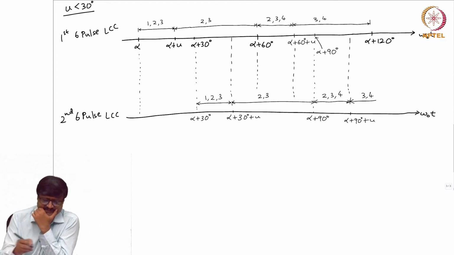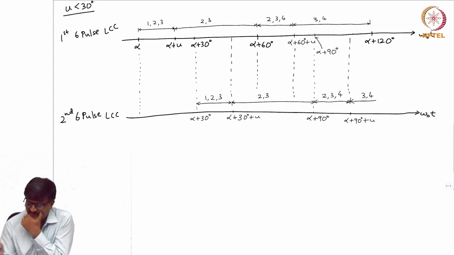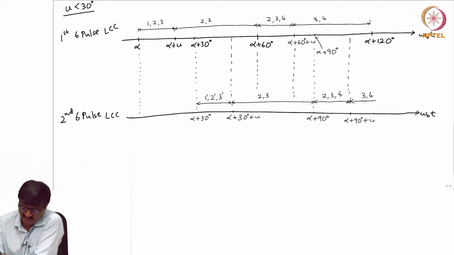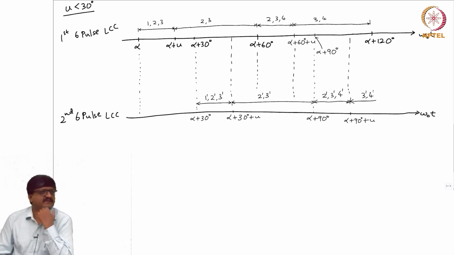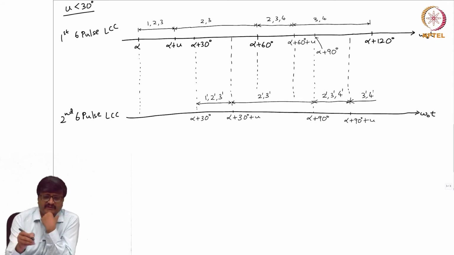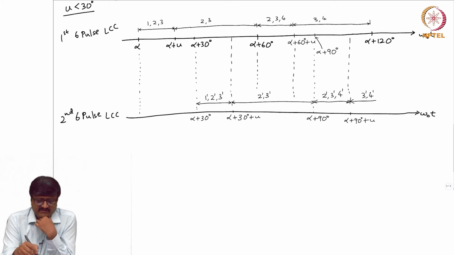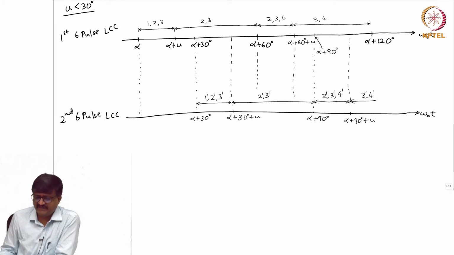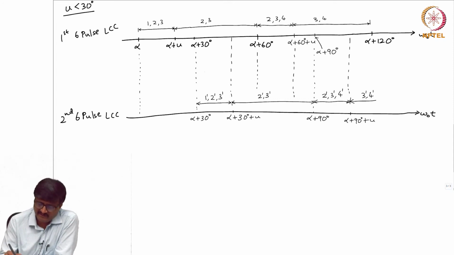I think it's better if I slightly change the notation. Instead of 1, 2, 3 valves, I will use 1 prime, 2 prime, 3 prime for the second 6 pulse LCC. 4 prime is also there. Now, if I together write the valves that conduct among all the 12, from alpha plus 30 to alpha plus 30 plus u, it is 2, 3, 1 prime, 2 prime, 3 prime.